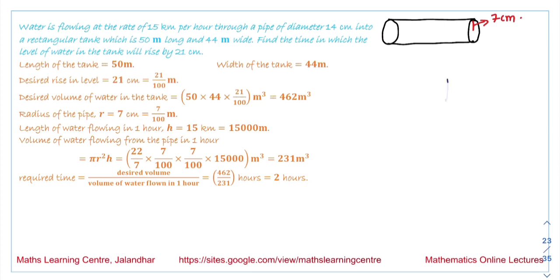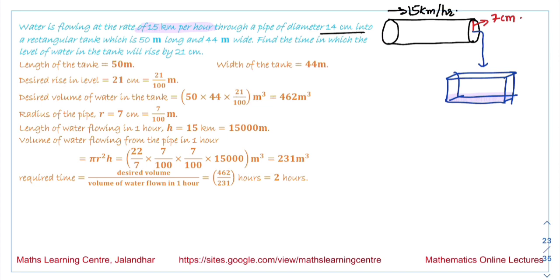Suppose this is the tank we have over here, and this water is flowing in this tank. The original quantity of water in this tank is, say, up to this point, and the water is flowing at 15 km per hour. The speed with which water is flowing is 15 km per hour.